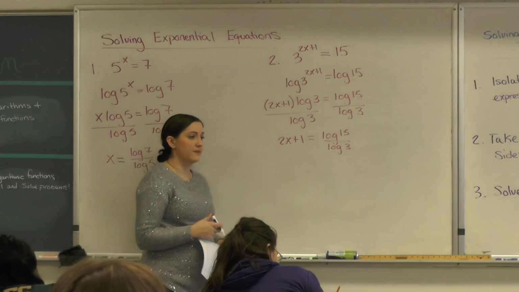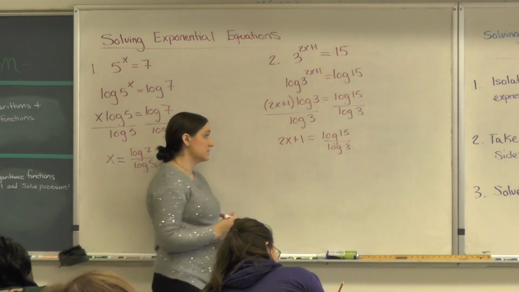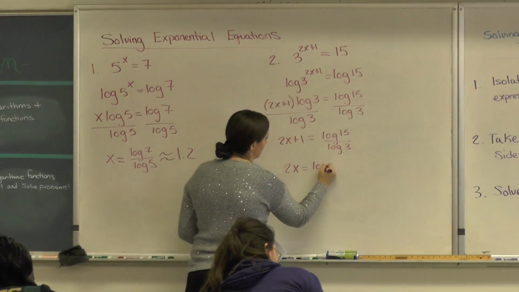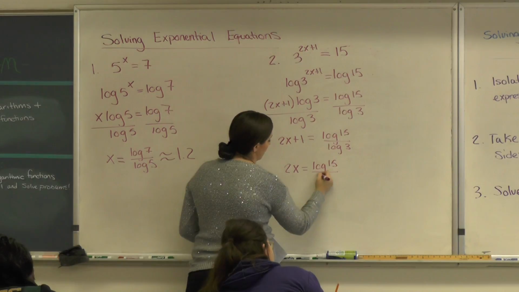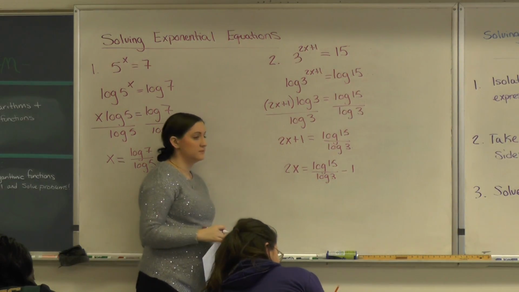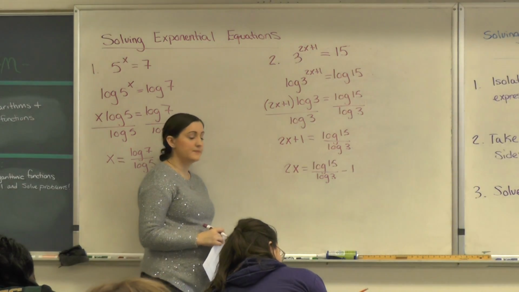Now I need to solve for x. What would I do next? Subtract 1. So I get 2x equals log 15 over log 3 minus 1. And then the last step, divide by 2.